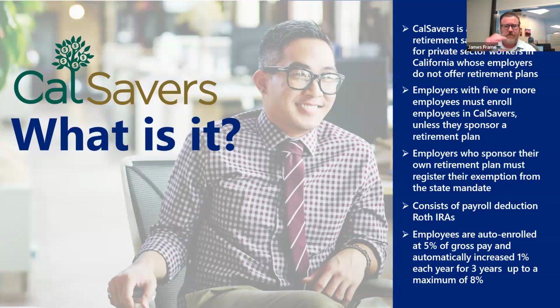What is CalSavers? It's a state-sponsored retirement program for private sector workers in California. This is available to employers and employees that do not offer a retirement plan yet. So I got my own thoughts on this, but the reality is a lot of small and medium-sized businesses are not able to accommodate their own plans.